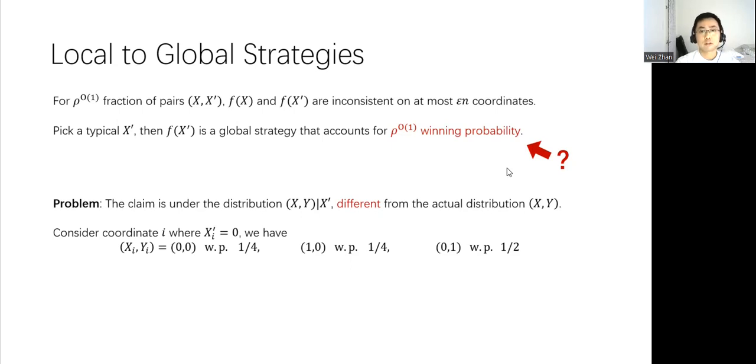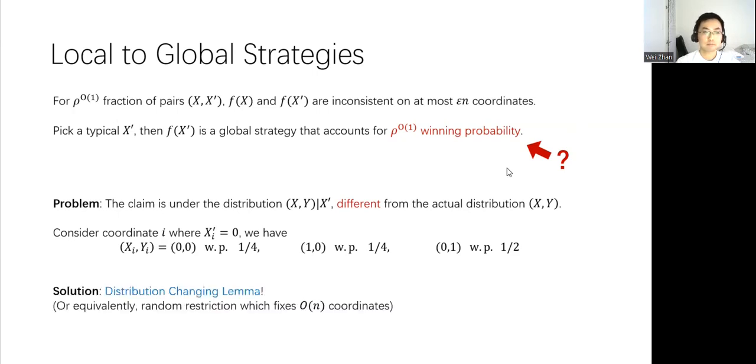And if we look only at the coordinates where x prime is 0, which is about 2/3 of n coordinates for a typical x prime, the distribution there on x and y is just a little biased. It has the distribution 1/4, 1/4, and 1/2 instead of the uniform distribution.